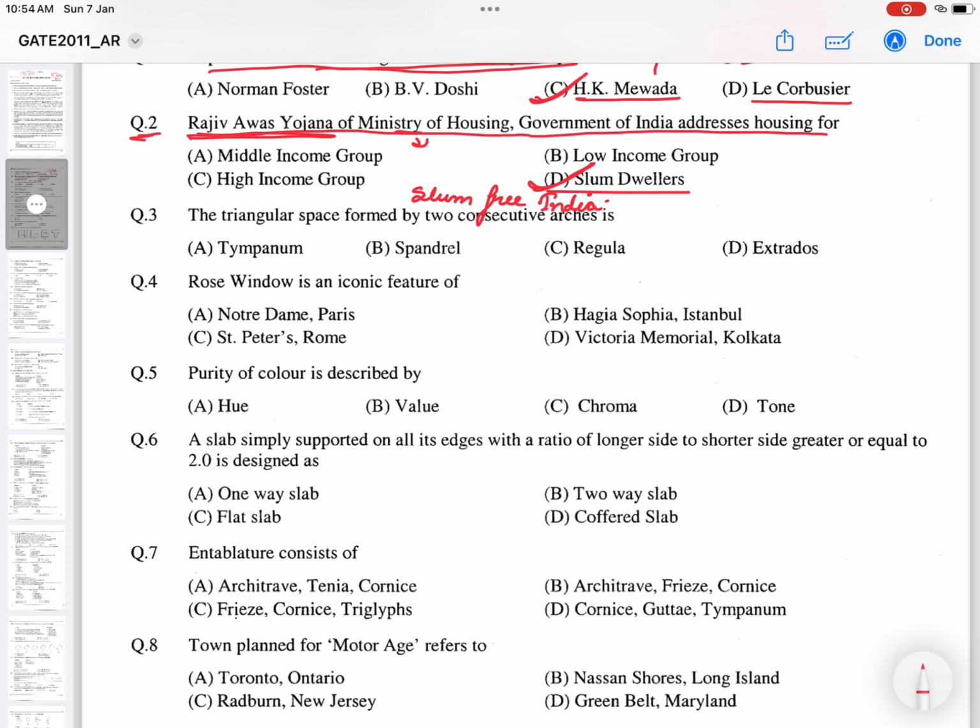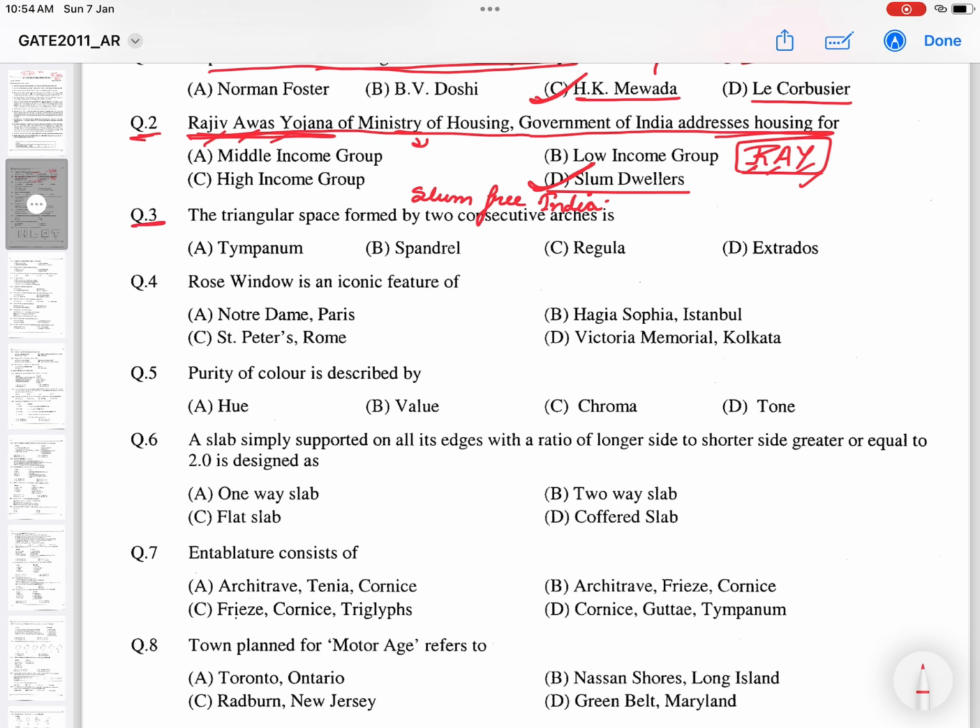Sometimes now in the question they won't give you Rajiv Awas Yojana. What they give you is R-A-Y, Ray. They will ask you, Ray addresses housing for which type of people and which group of people. So you should know Ray is Rajiv Awas Yojana.